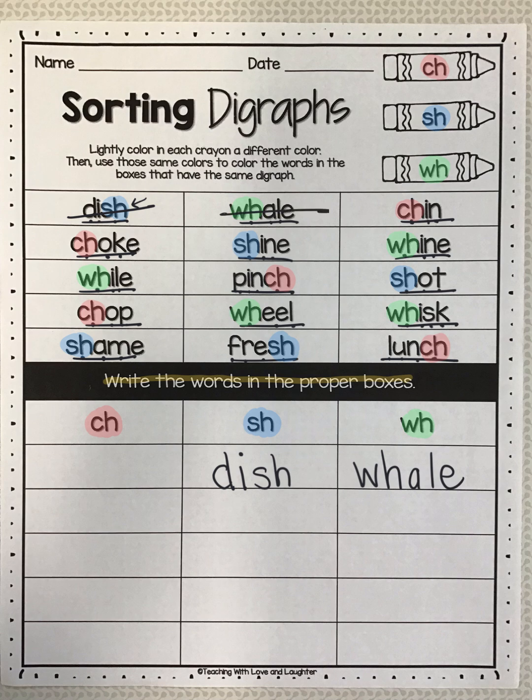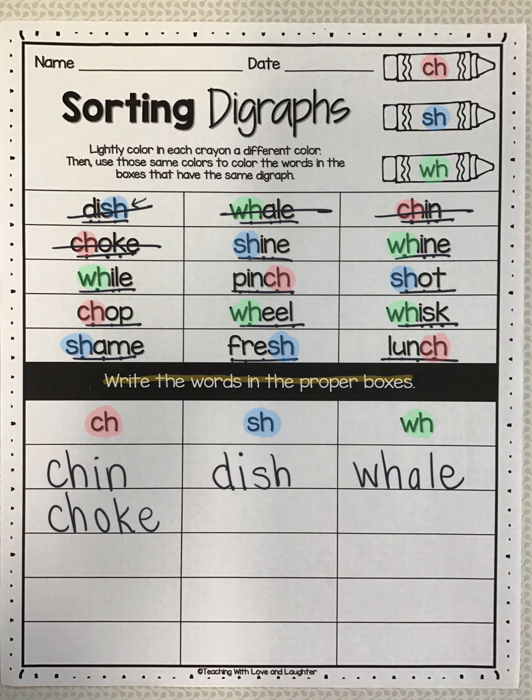Then I have the word chin. Ch-in. Chin has a red CH. Ch-i-n. Chin. Cross it off when I'm done. Then I have choke. Choke goes under CH. Ch-o-k. Choke. Cross it off when you're done.